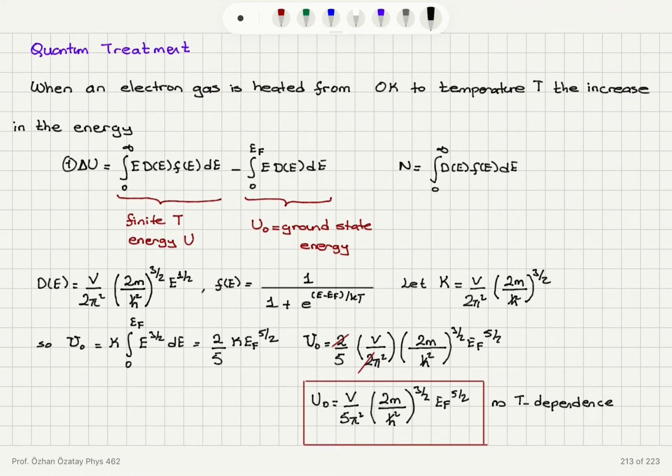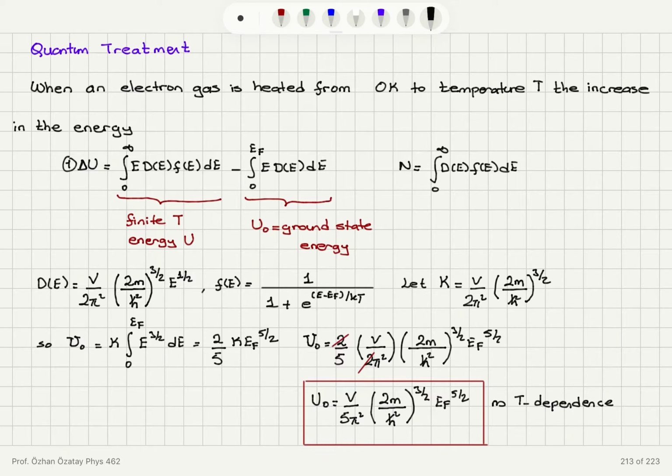In the quantum treatment, when an electron gas is heated from 0 Kelvin to temperature T, we need to calculate the increase in its energy. The 0 Kelvin energy is the energy times the density of states times dE, integrated from 0 to E Fermi.